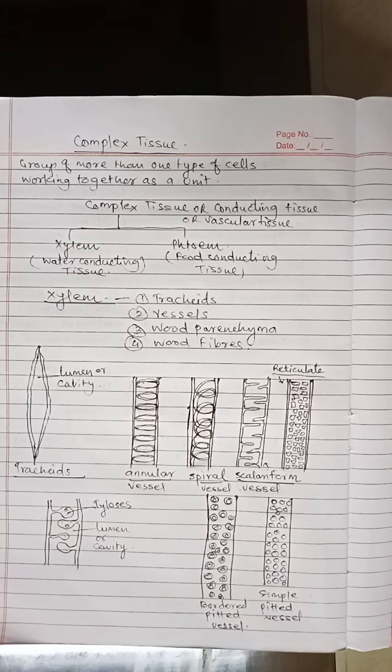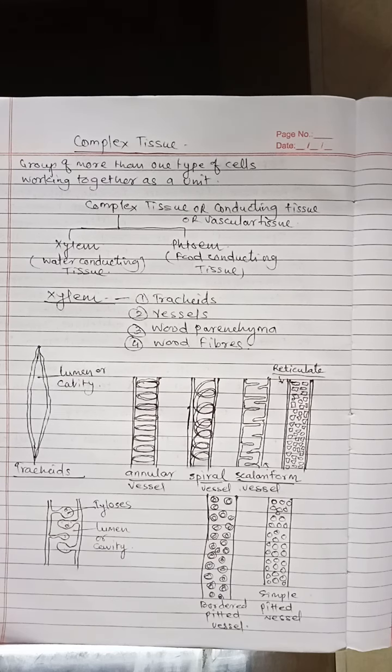The main functions of xylem, they are conduction of water and mechanical strength to the plant. This is all about the first complex tissue, that is xylem.